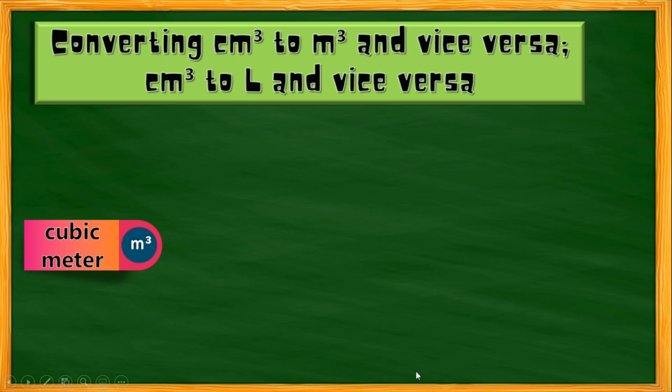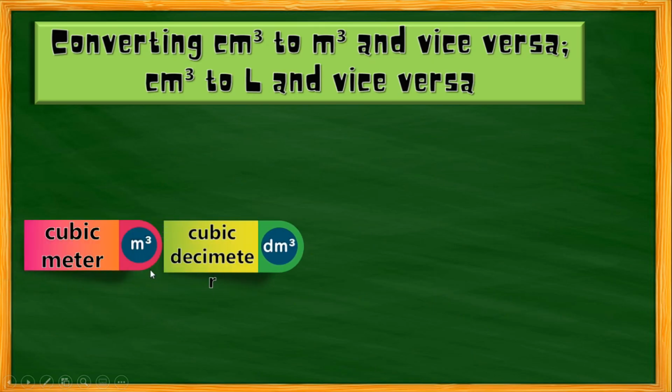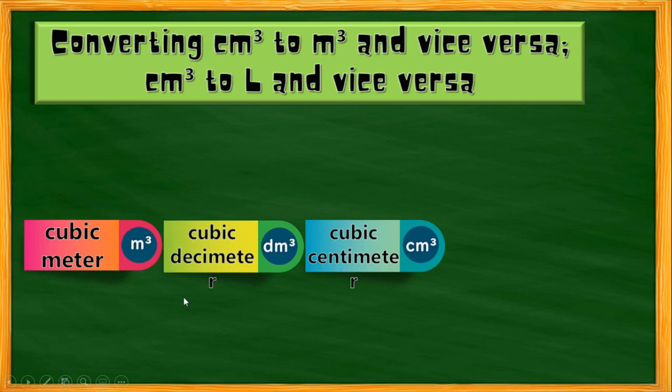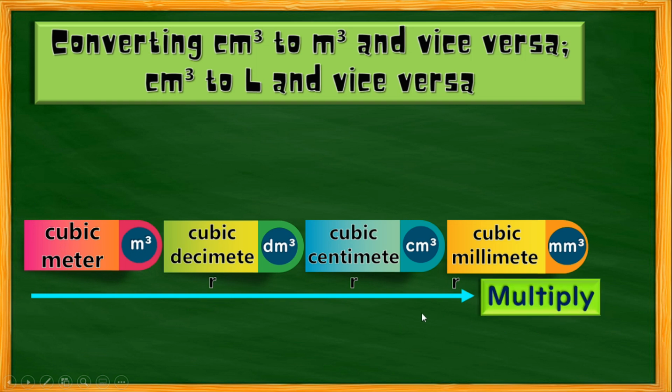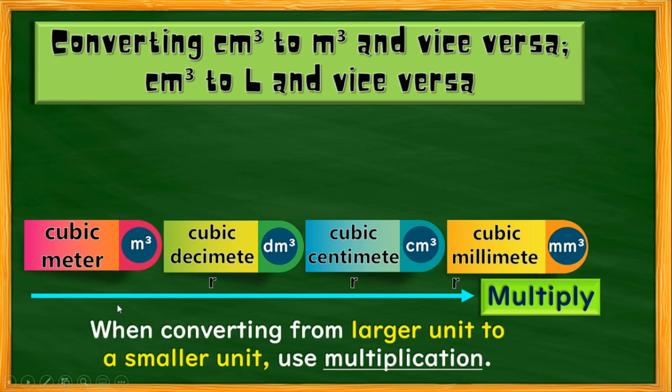Now, so we have a cubic meter, decimeter, cubic centimeter, and a cubic millimeter. So this would be going from the larger amount to the smaller amount, so this would be decreasing. When converting from a large unit to a small unit, you're going to multiply the movement.